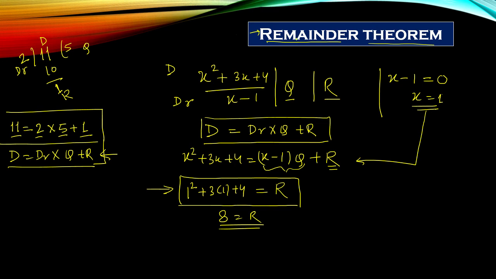So the remainder theorem says: get the 0 of the divisor, put it into the dividend, and the result must be the remainder. This is the remainder theorem.